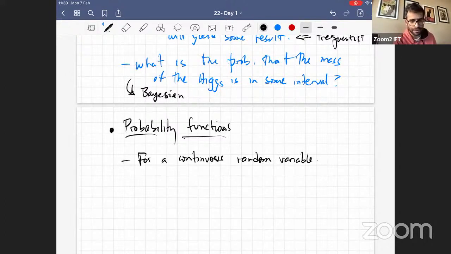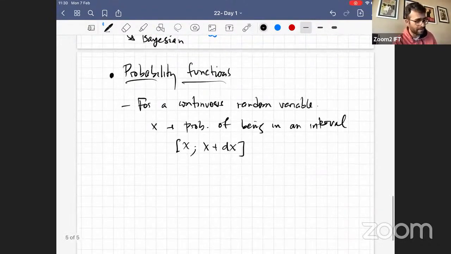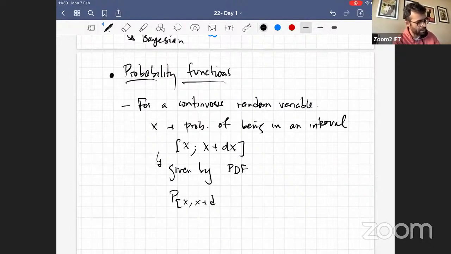So here, the probability of observing this variable x in an interval, which is, let me say, an infinitesimal interval between x and x plus dx, is given by the PDF, the probability density function. So the probability of x being in this interval is just given by this, okay?